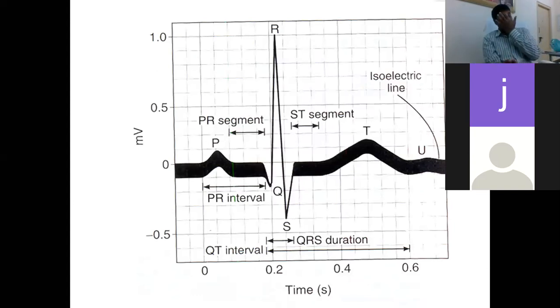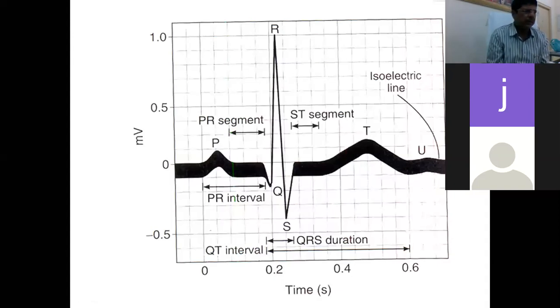Okay. Now this is a typical ECG, which is recorded from lead 2. You can see that there is a P wave, the QRS complex, the T wave, and the U wave, right? The P wave represents the atrial depolarization.